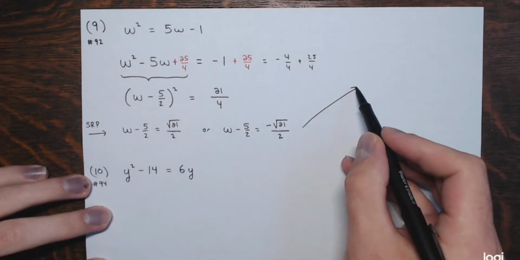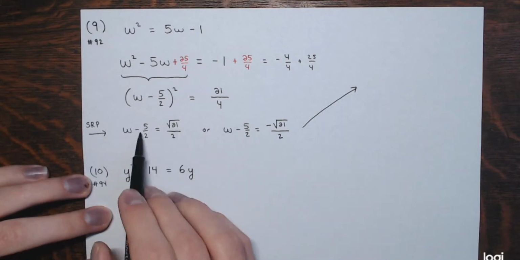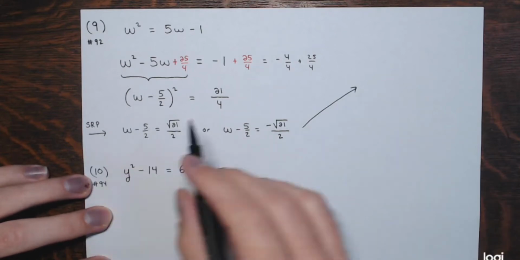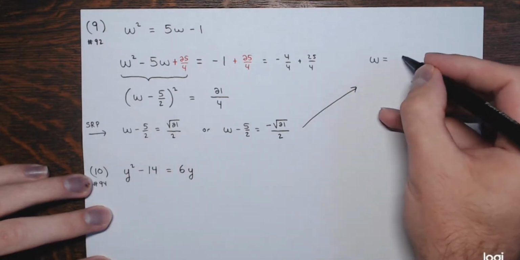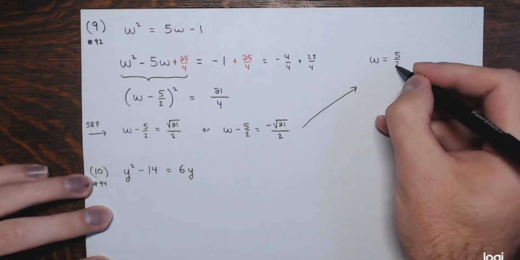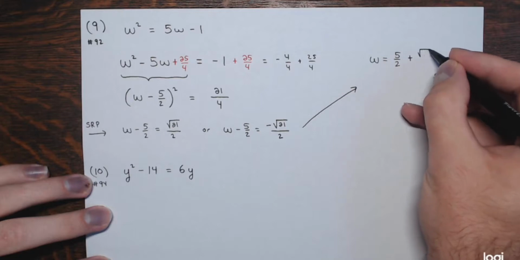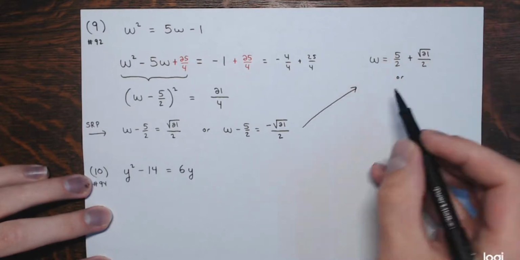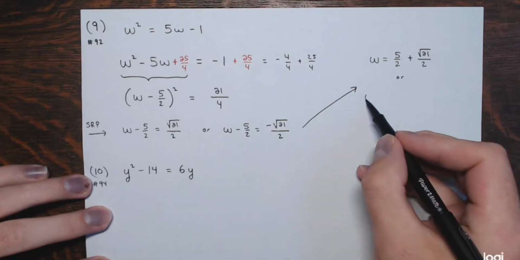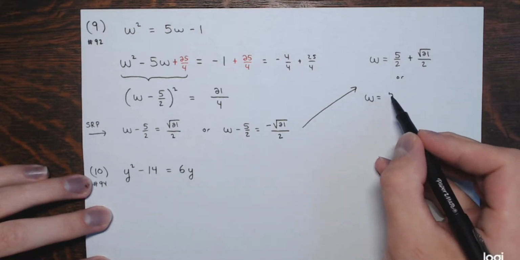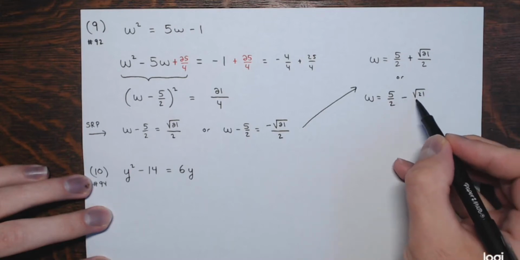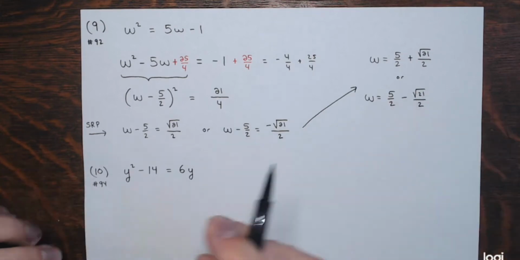We solve each of these by simply adding 5 halves to both sides. So the first equation, we get w equals 5 halves plus the square root of 21 divided by 2. And solving the other equation, we get w equals 5 halves minus the square root of 21 divided by 2. And both of those should work.